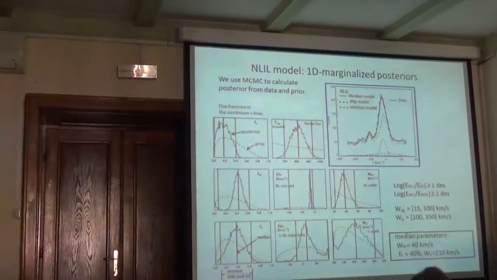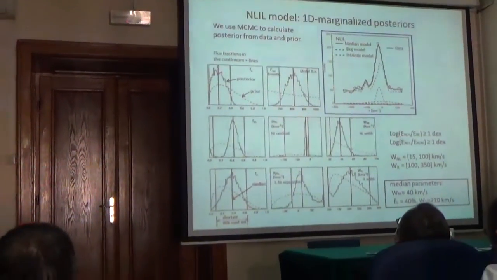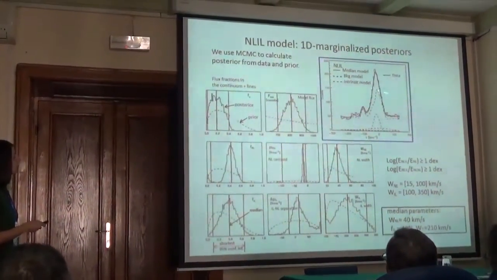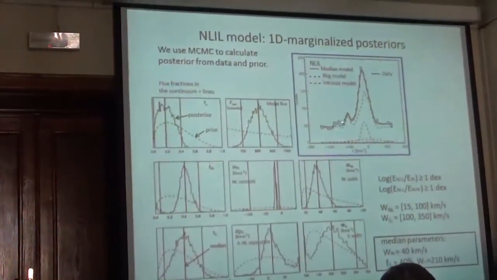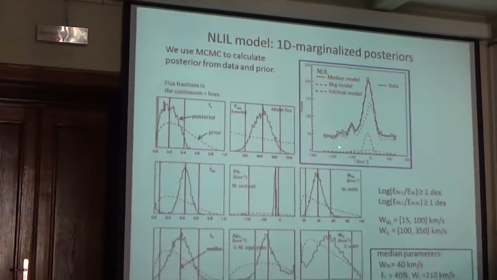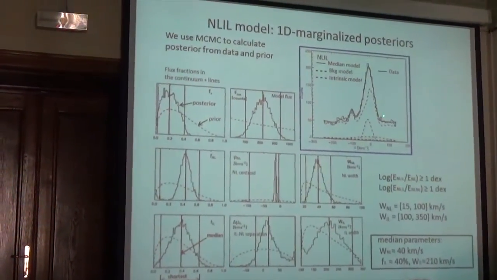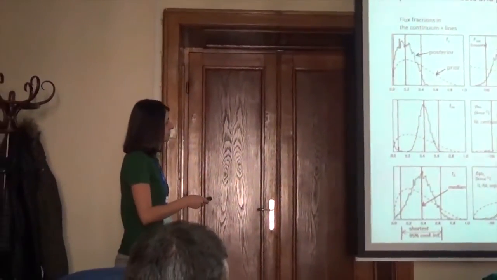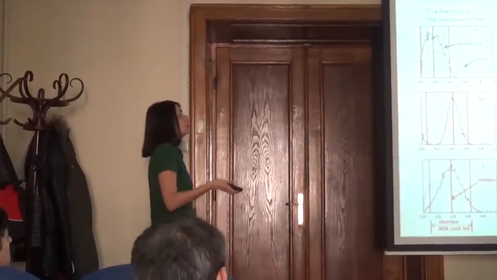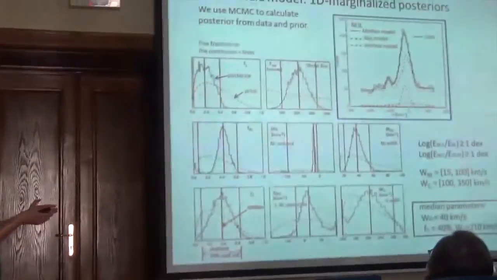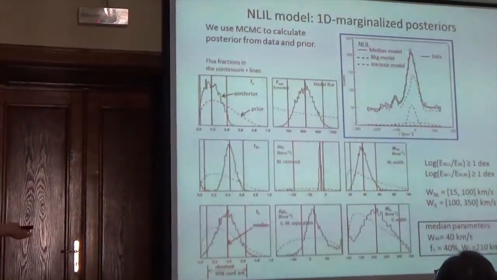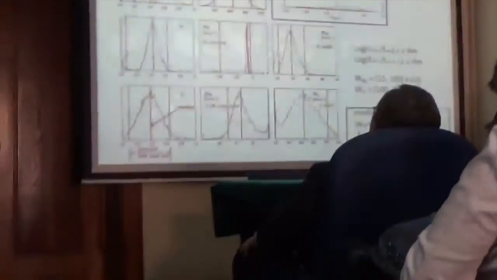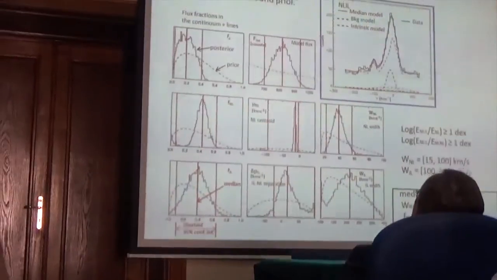So I will present one spectrum from one of the bins that we have. Again, data are in this solid black line. Our model is a solid red line. Again, the background model is the dashed line, and these red dashed lines are the intrinsic emission model of the source. We use MCMC to calculate the posterior probability.